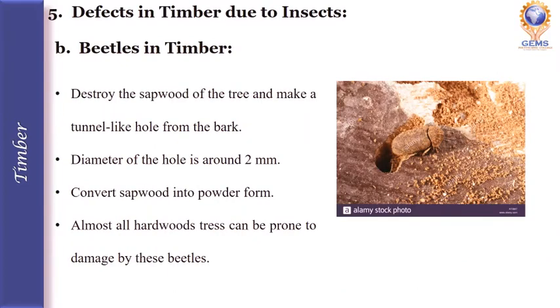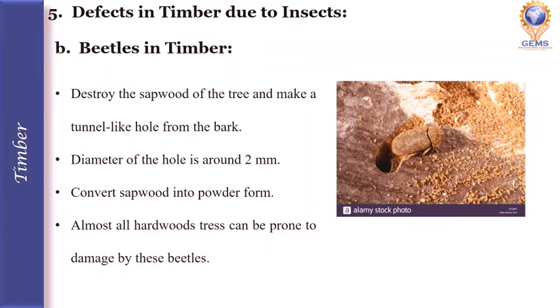The second one is beetles in timber. Beetles are a type of insect that destroys the sapwood of the tree. They make a tunnel-like hole from the bark to the sapwood. Usually, the diameter of the hole is around 2 mm only.